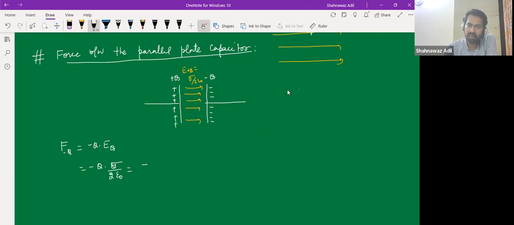And what is this sigma? If the area of this plate is A, and the charge is plus Q, so what is sigma? Q by A. What is this sigma called?